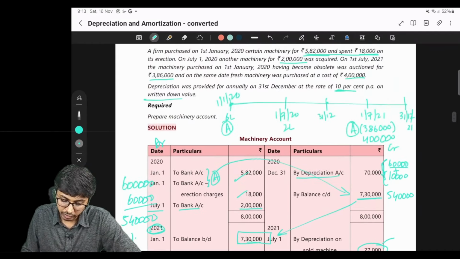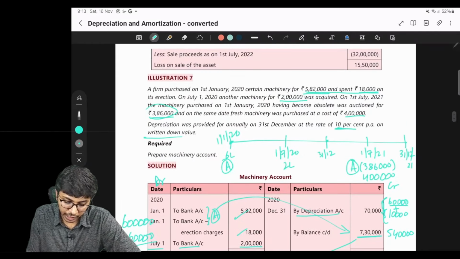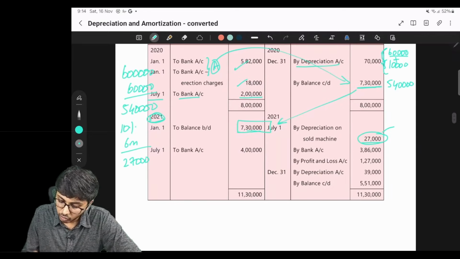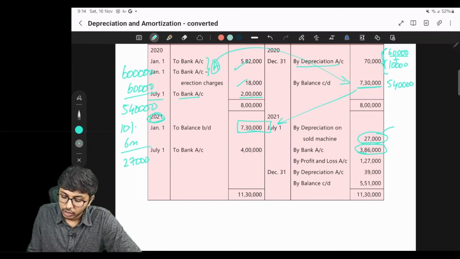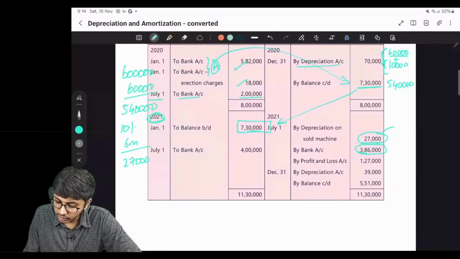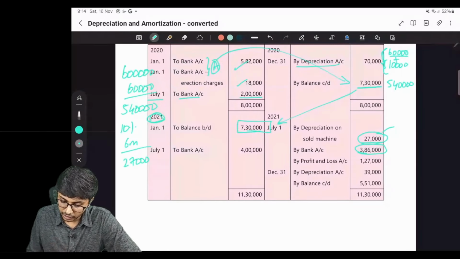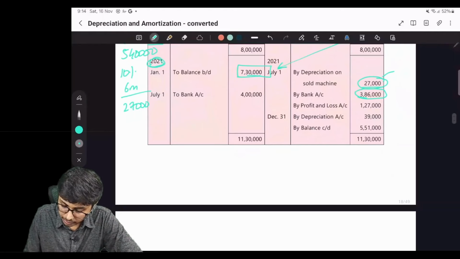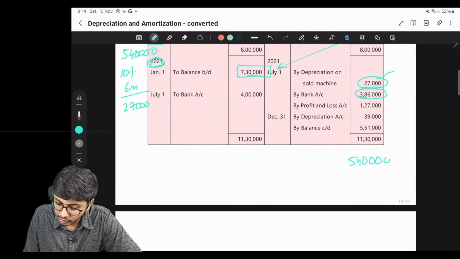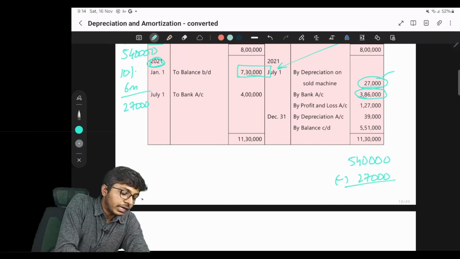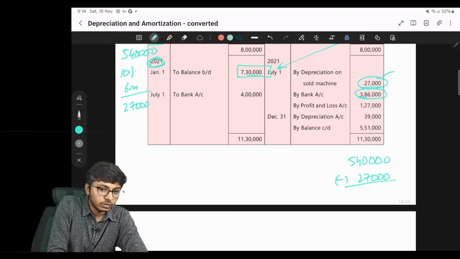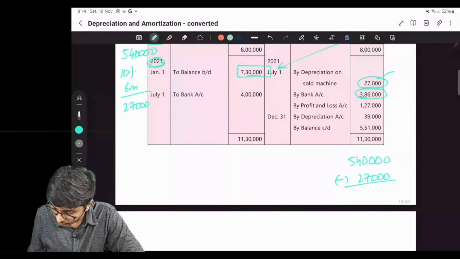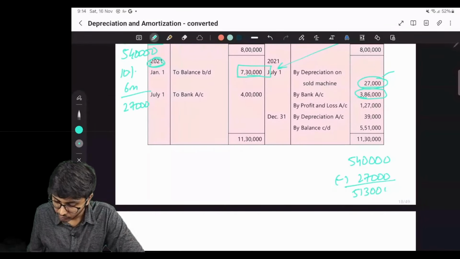Now how much did we sell it for? We have sold it at auction for 3 lakh 86. Correct. You auctioned it for 3 lakh 86 by bank, in that same machinery account. Okay, but you are selling that asset for 3 lakh 86,000. So if you see now, the value of that machinery, if you calculate 5 lakh 40,000 minus depreciation for the year of sale, I will get a value of 5 lakh 40,000 minus 27,000, that should be 5 lakh 13,000, correct?